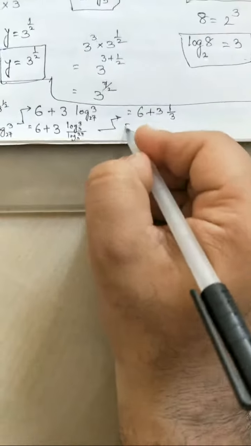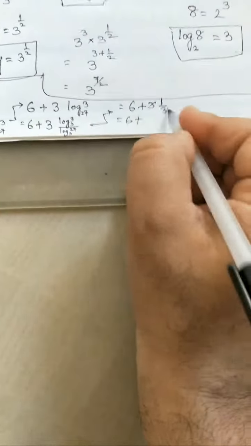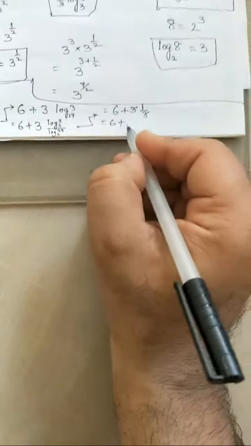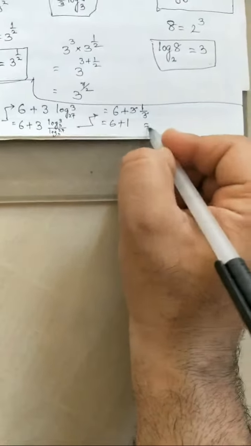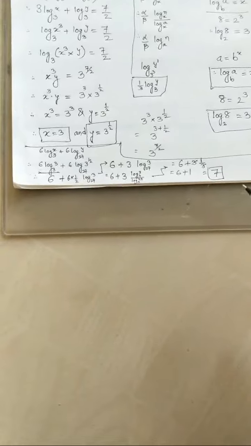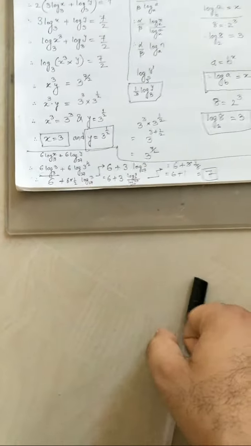Okay, so ultimately the 3 will get cancelled, so it will become 1, and 6 plus 1 will be equal to 7. This is how you have cross verified your answers, and the answers are correct. Okay, thank you.